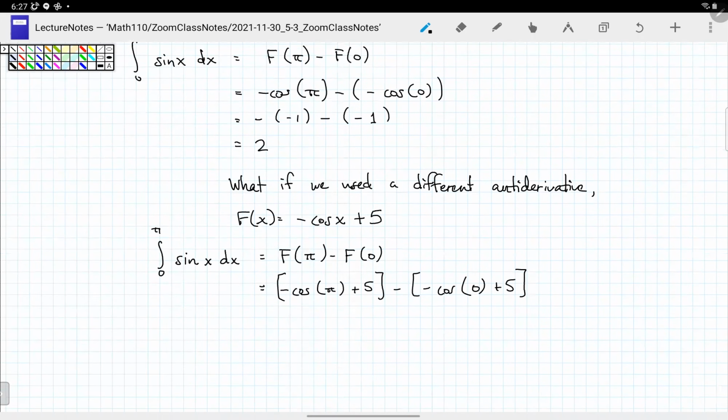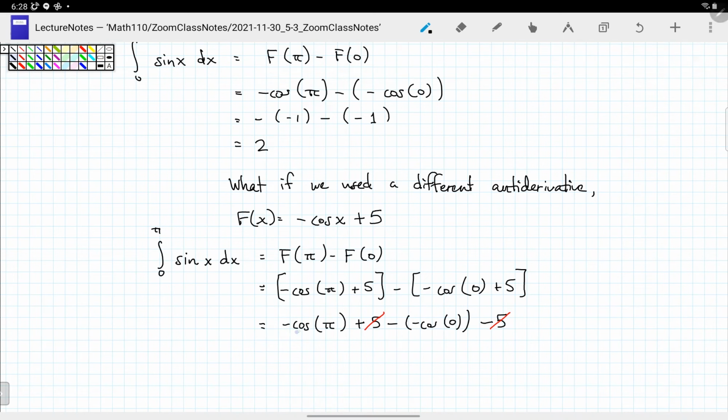And I want you to notice that this is the same as negative cosine of pi plus 5 minus negative cosine of 0 minus 5. So I know we can calculate those values, but I want you to notice that that constant actually cancels out in this calculation.